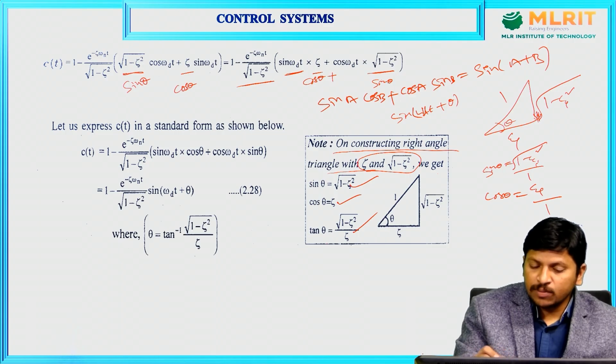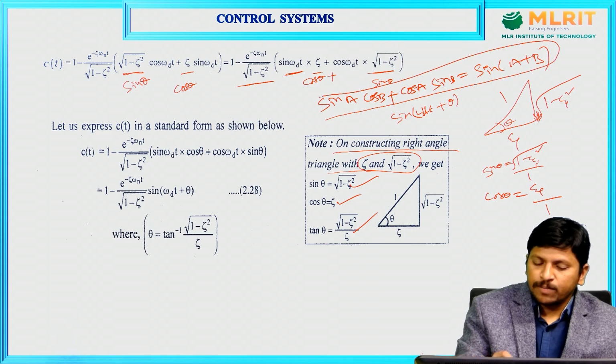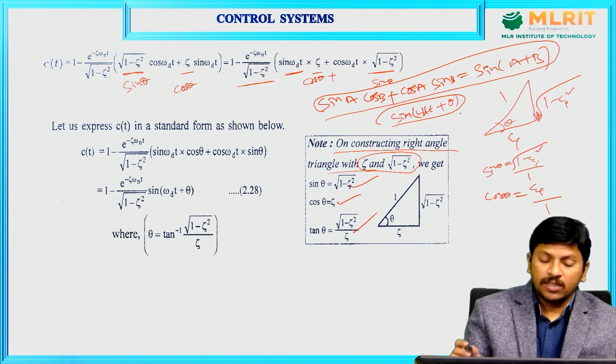So sin A cos B plus cos A sin B, this is the formula. From this formula, we are going to get sin of omega dt plus theta.